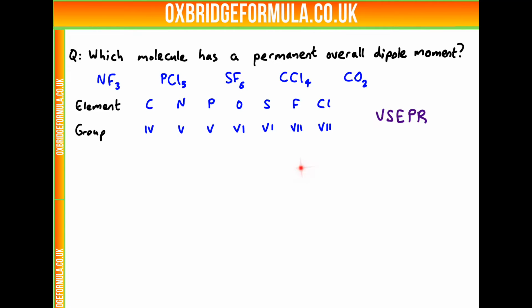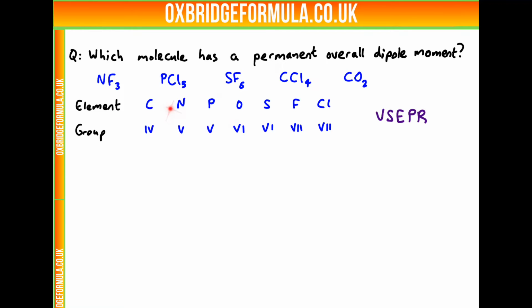So let's firstly apply that logic to this NF3. Firstly, nitrogen, we're told, is in group 5. What does that mean? So it has 5 outer shell electrons, and fluorine is in group 7. And so that has 7 outer shell electrons, and so will only form 1 bond to complete its octet.